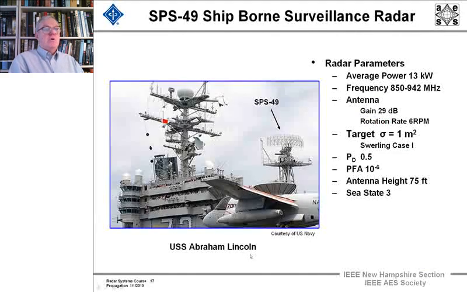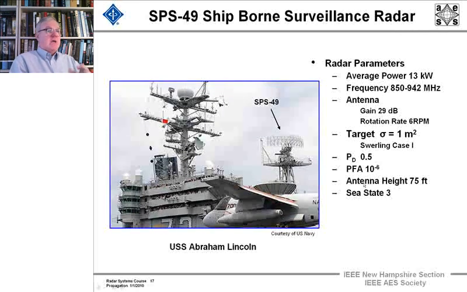Now, to show you what this would look like for a real radar, here we see an SPS-49 shipborne surveillance radar on the USS Abraham Lincoln, and it does air search for this particular carrier, looking for aircraft. It has 13 kilowatts of average power. It's in the lower end of L-band, it rotates 6 revolutions per minute, and it can see a 1 meter squared target.